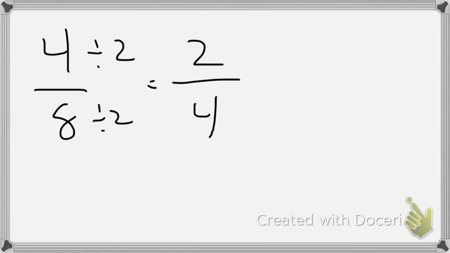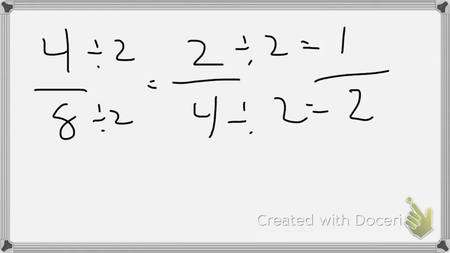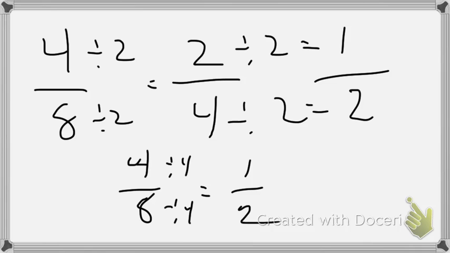You can still reduce it, and this is where people have problems, is they'll reduce it one time and then stop, especially if they use the number 2, if they could have used a bigger number. So that's why we always try to use the greatest common factor that goes into both of them. So 2 divided by 2 is 1, 4 divided by 2 is 2, and we get 1/2. But if you use the greatest common factor, which is 4, you only have to reduce it one time.